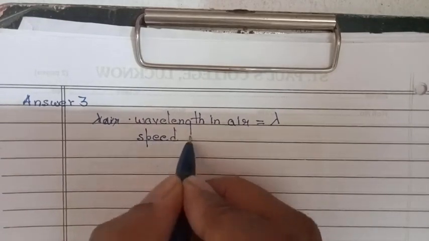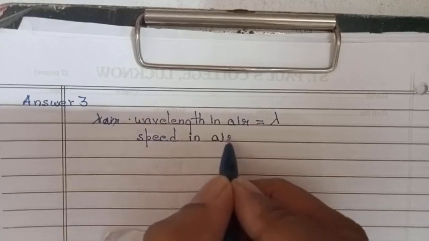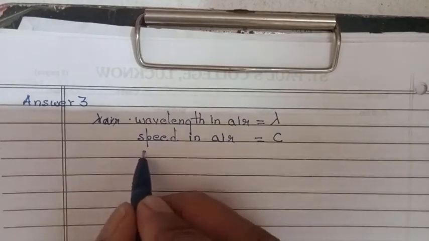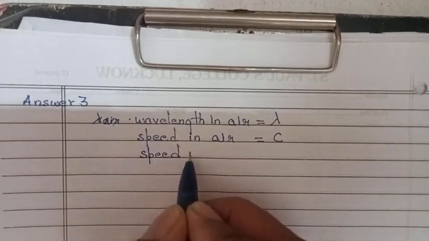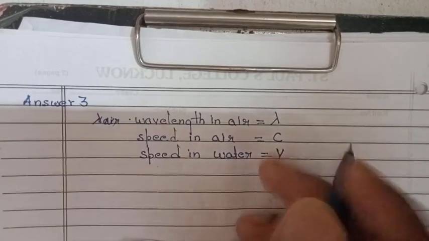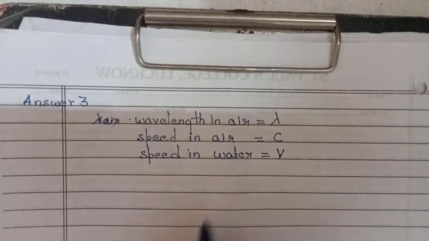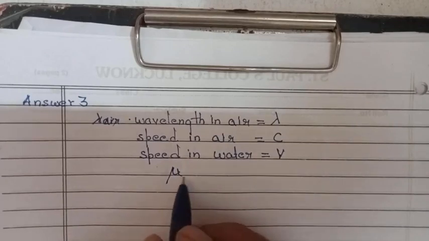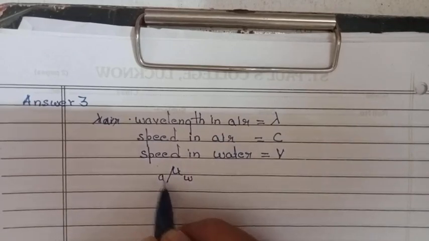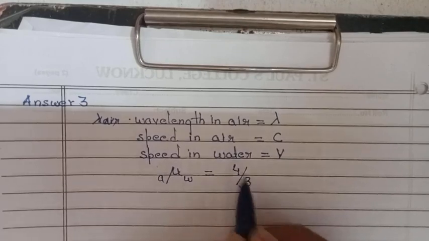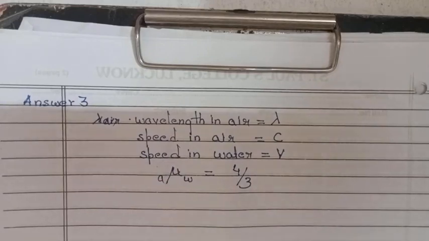Speed of light, they have given us the speed in air, given as c. What else have they given? They have given us the speed of light in water as v. These three pieces of information are given to us, and along with it they have given the refractive index of water with respect to air, 4/3. So this is the information given in the question, right?